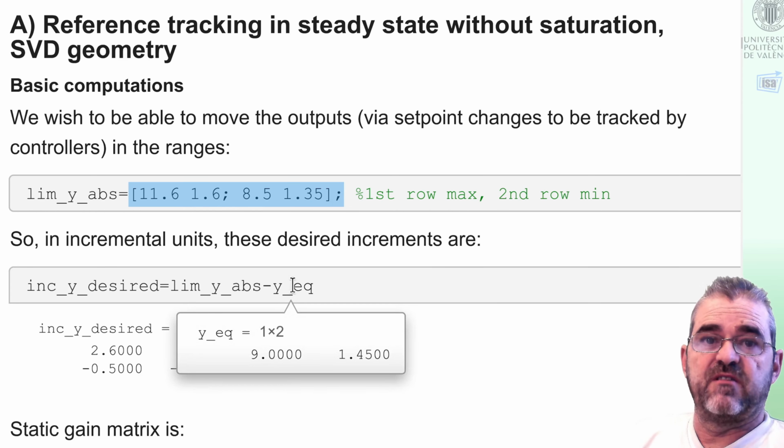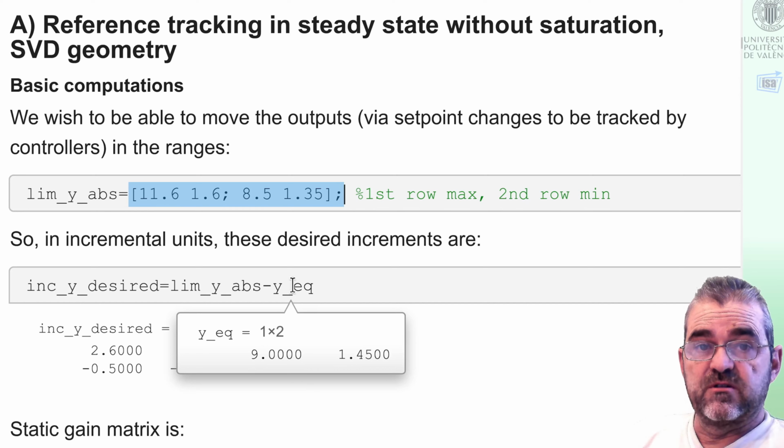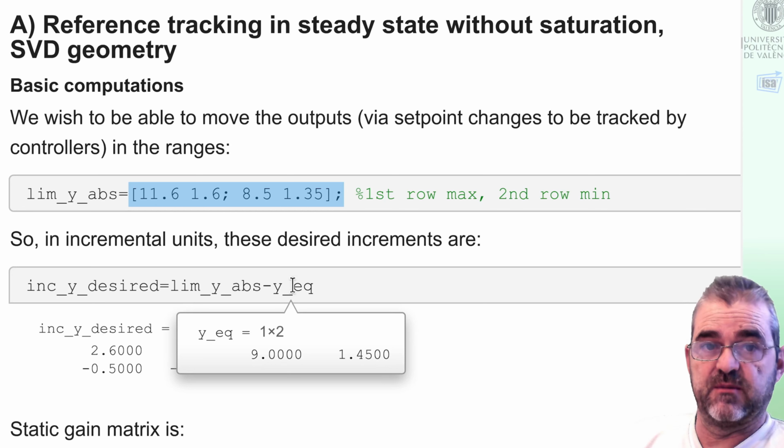So even if the operating point of the first controlled output variable is 9, my user wishes to increase it to maybe 11.6 or maybe decrease it to 8.5. Likewise, for the second controlled variable, whose operating point is 1.45, maybe my user wishes to set a set point of 1.6 units as a maximum or 1.35 units as a minimum.